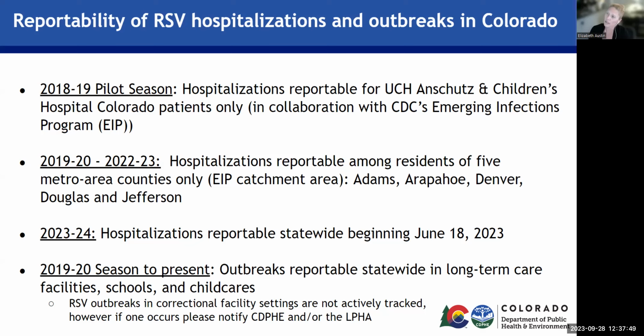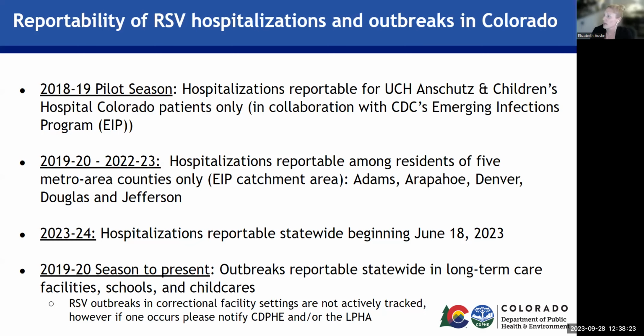We only had RSV-related admissions reported from the UCH Anschutz Hospital and Children's Hospital Colorado, both located in Denver, in collaboration with CDC's Emerging Infections Program. So the pilot season only looked at hospital admissions from those two particular hospitals. And then beginning in the 2019-20 season, that is when we made hospitalizations for RSV reportable among residents of the 5 metro area counties only.